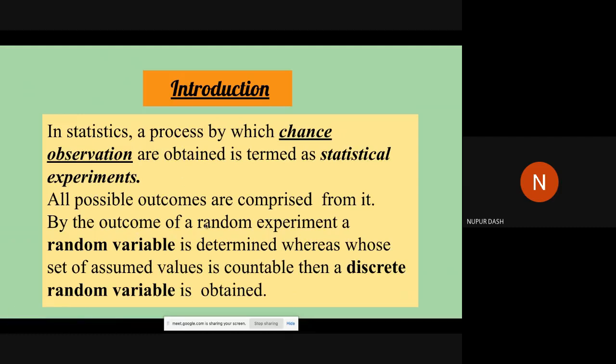The outcomes of a random experiment mean the experiment should be on a random basis, it should not be prepared. So we get a random variable, whose set of assumed values is countable in nature, meaning you can count those values, and that is termed a discrete random variable.